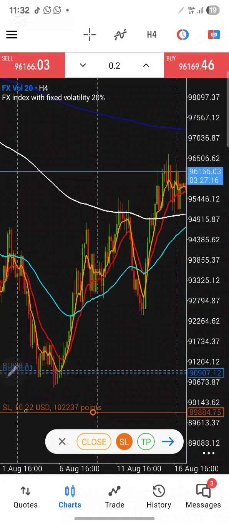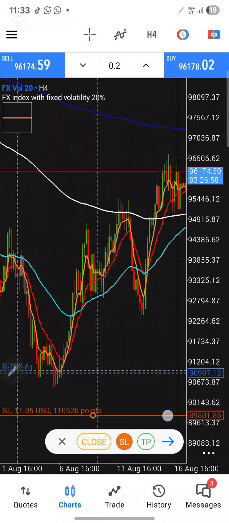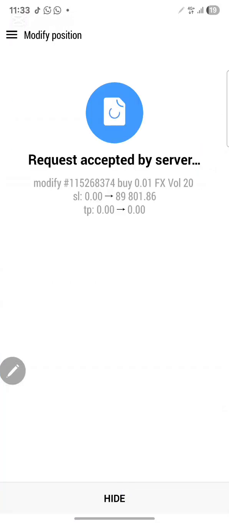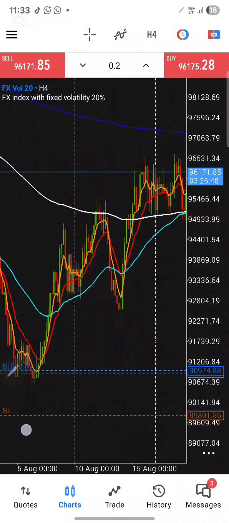So the best thing for me is to get out of that trade with a loss of maybe $10 rather than keep on going till I lose everything in my account. So if I was risking $10, I was just going to put it there and click that arrow there and modify, and that will be my stop loss.